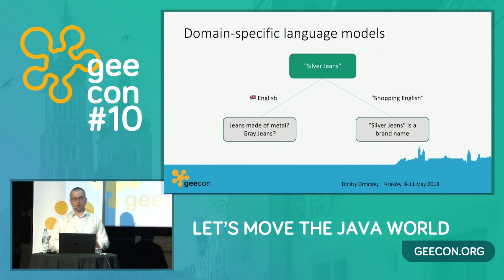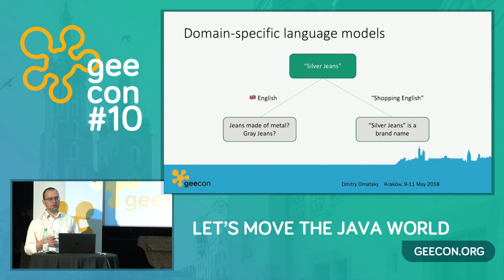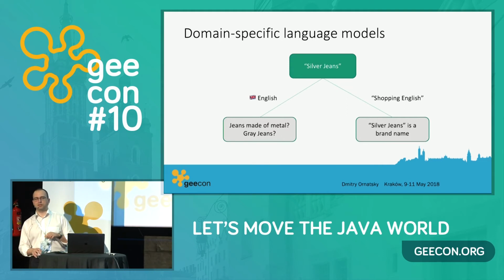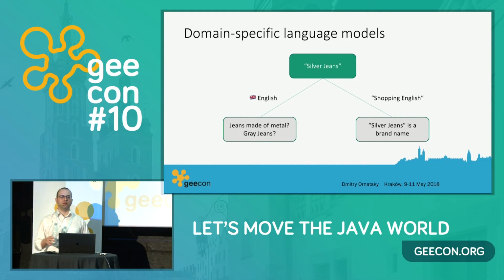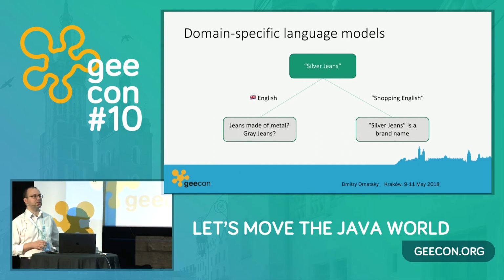So as I said, the language of, for example, the e-commerce domain can be substantially different from the language of everyday use, right? When you're asking for silver jeans, for someone that's completely agnostic of the retail space, that may make no sense.